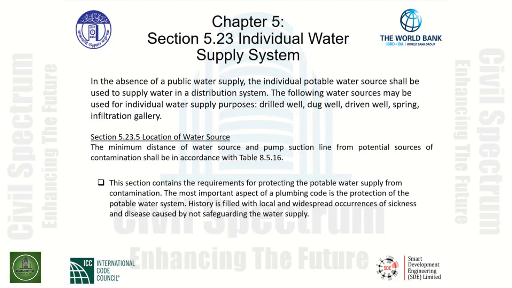That's why we have this section, and it refers to Table 8.5.16. The most important aspect of a plumbing code is the protection of the potable water system. History is filled with local and widespread occurrences of sickness and disease caused by not safeguarding the water supply. Again, this section contains the requirements for protecting the potable water supply from such contamination.